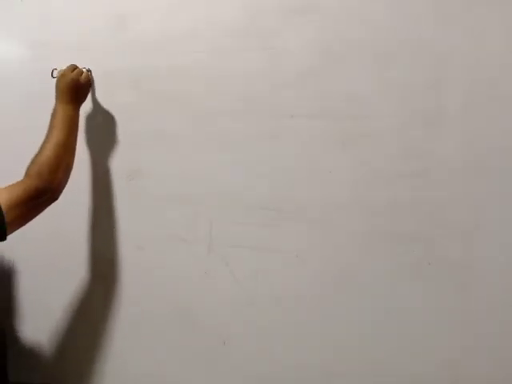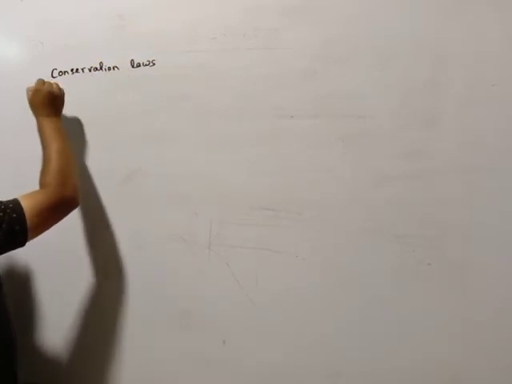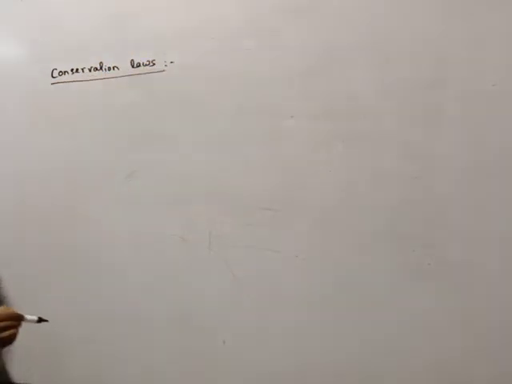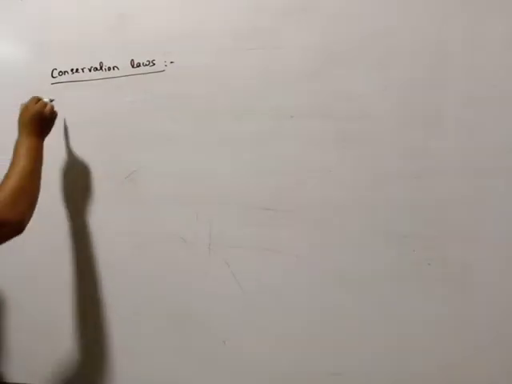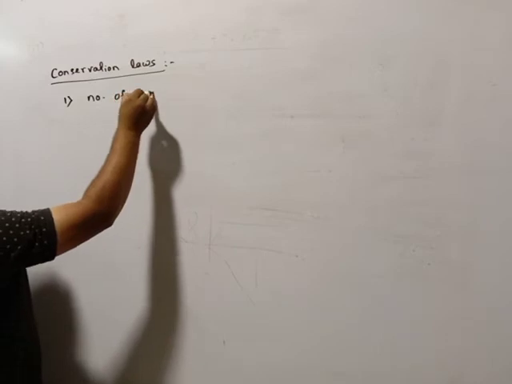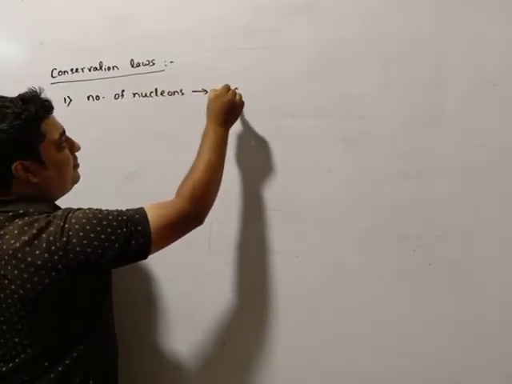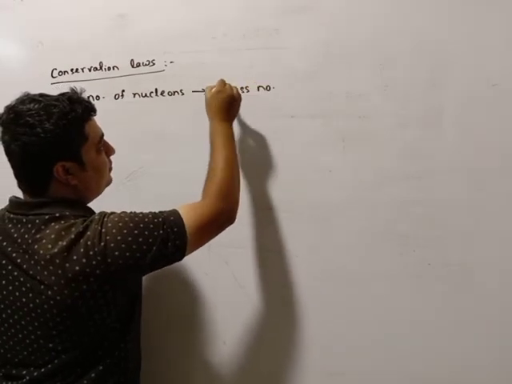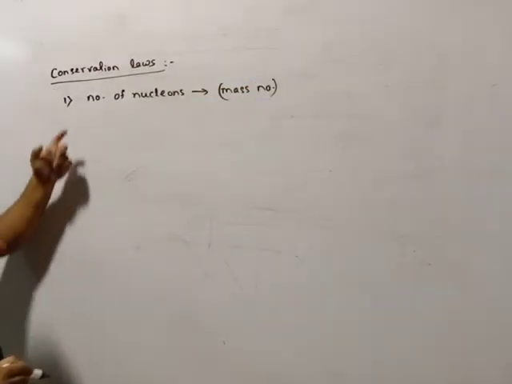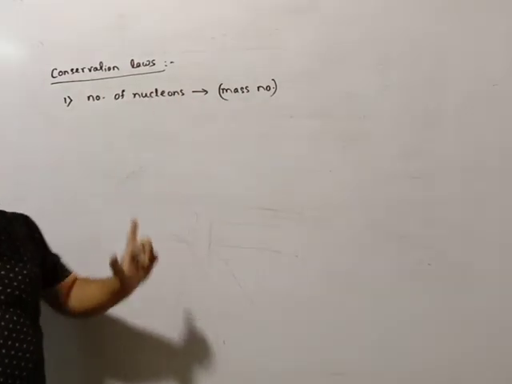Next, conservation laws. Which quantities are conserved in a nuclear reaction? First, number of nucleons is conserved. So, mass number is conserved. In a nuclear reaction, number of nucleons is conserved.